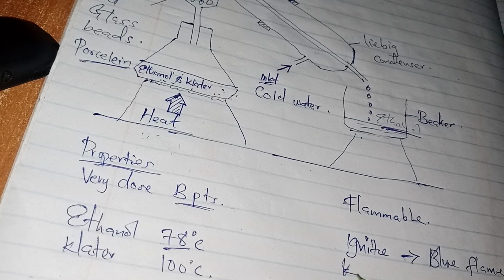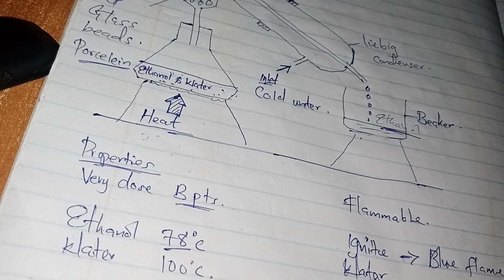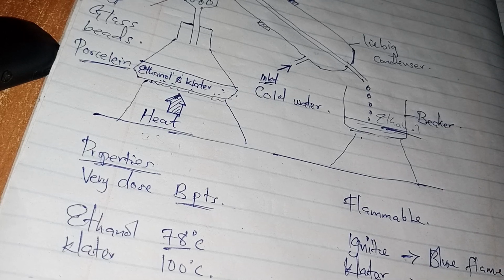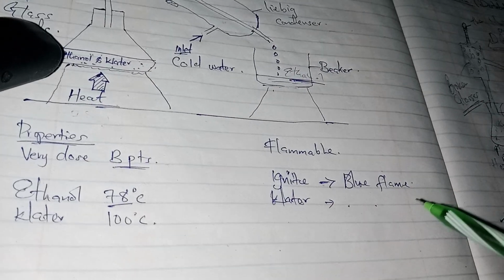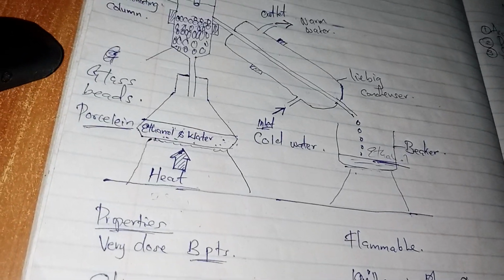Then we have water. Water, when you try to ignite it, will not ignite. Therefore, you confirm we have collected ethanol, then we have collected water, and that's all about it.